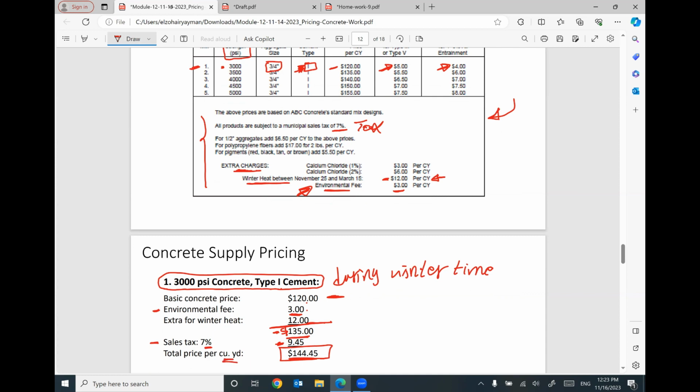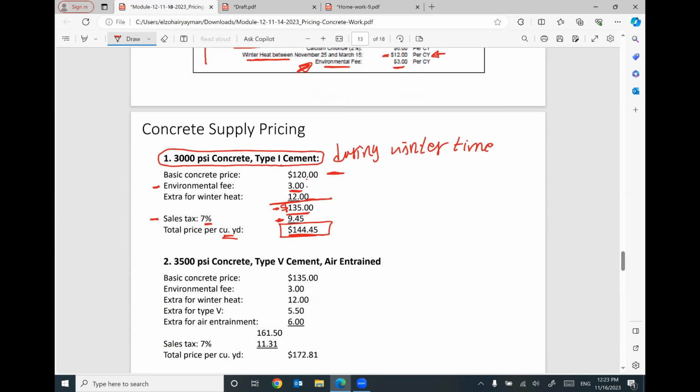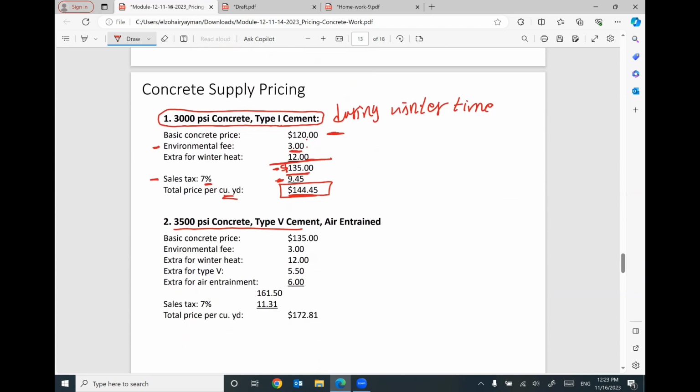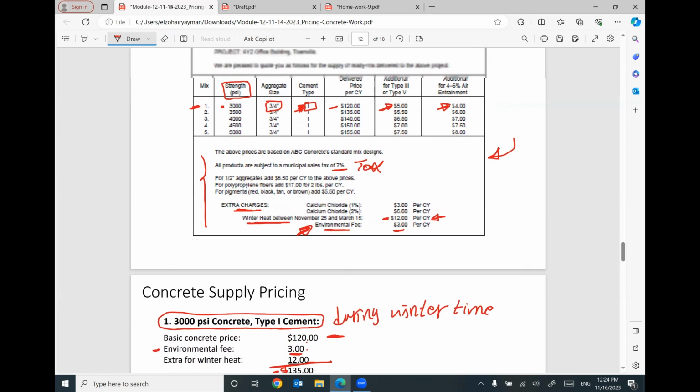That makes sense? If you have different specifications, if you would like to order concrete with these specifications, 3,500 PSI concrete strength, I'm going to use type 5 cement, I'm going to add air entrained. So I need to go back to this table.